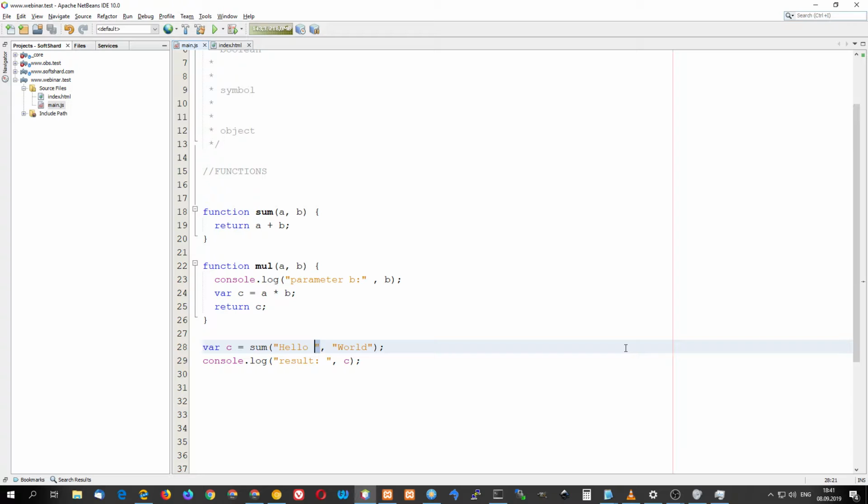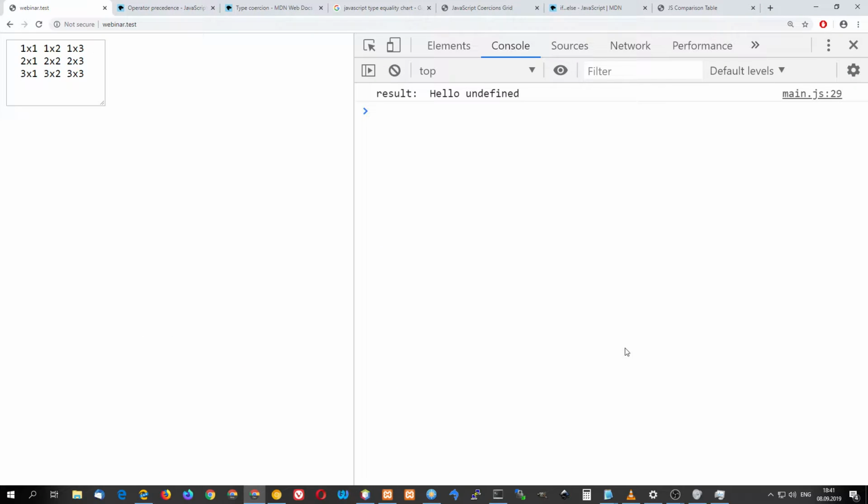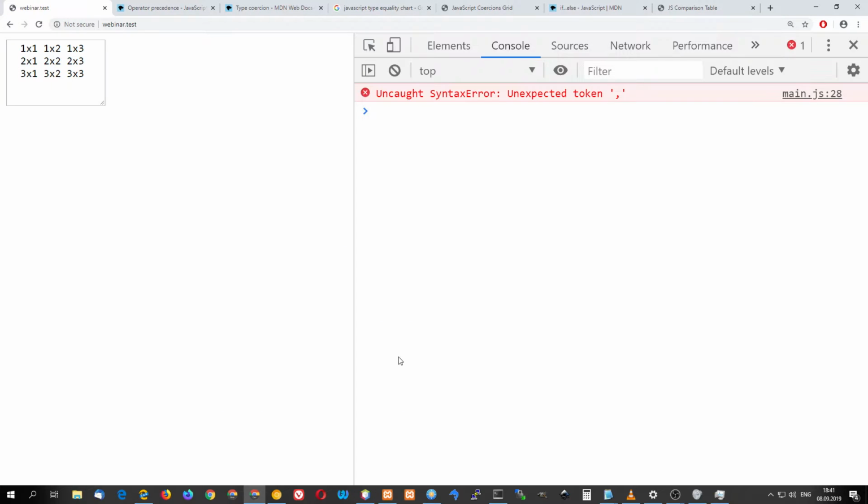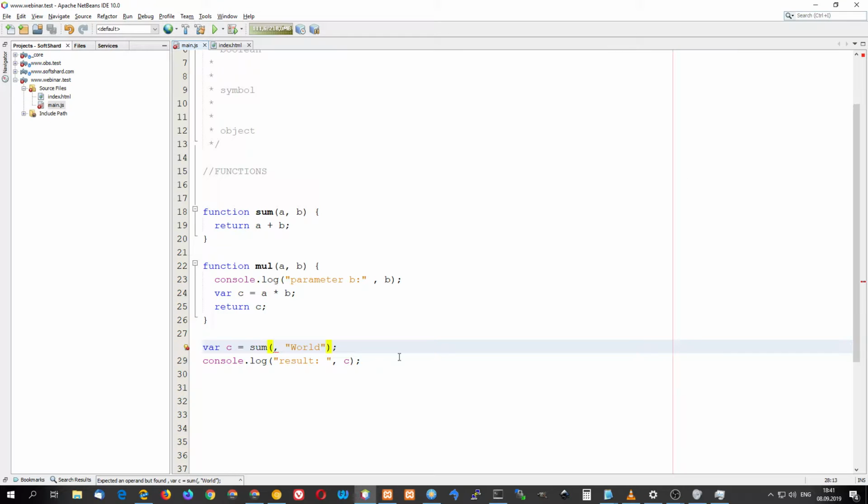If I skip it, it's hello undefined. You of course cannot skip like the first parameter. There's no way to skip first parameter. You would actually have to pass the value undefined to the function.